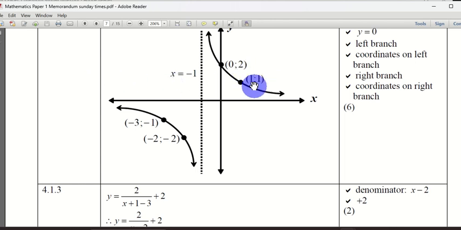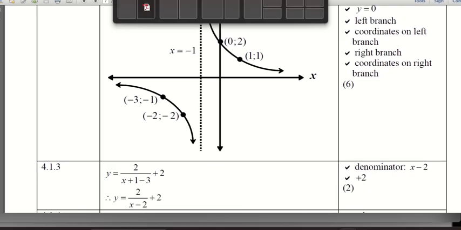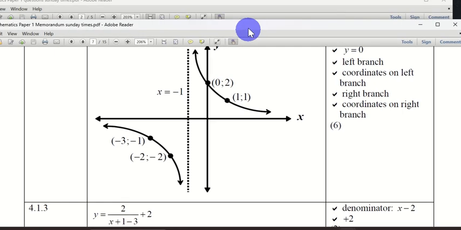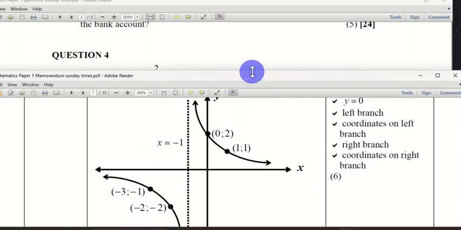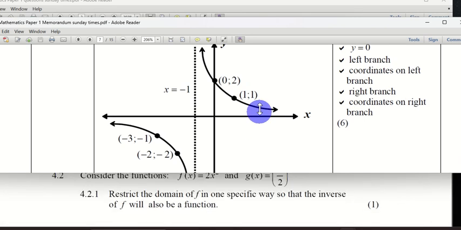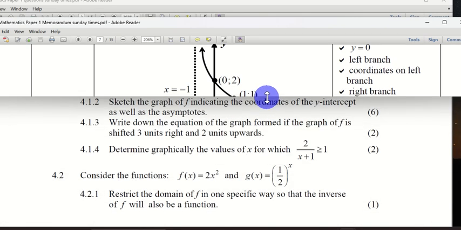They're asking you where it is going to be above this axis. So don't draw a line, just hold your ruler there. Your ruler should be lying right about there, greater than 1.